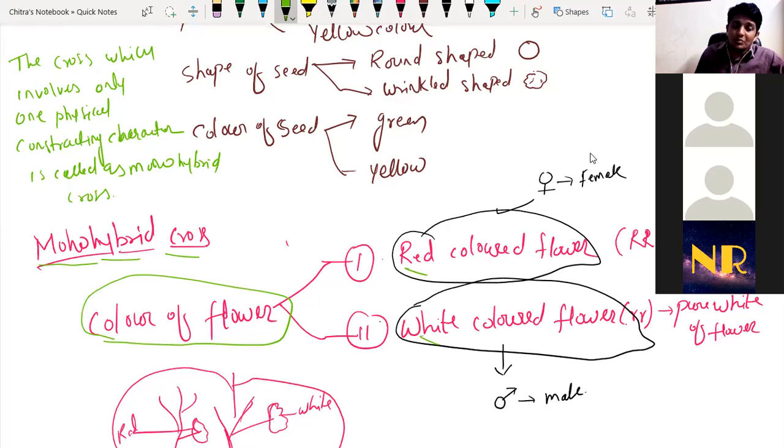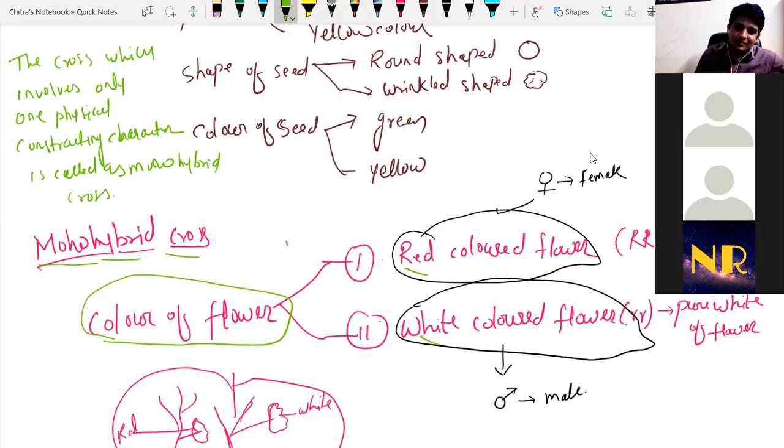Mendel is also called the father of modern genetics. Everybody used to think Mendel was mad when he was performing all these experiments. Everybody used to mock him. But 100 years after his death, people realized that whatever the research done by Mendel was true.